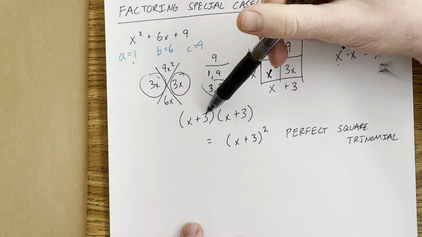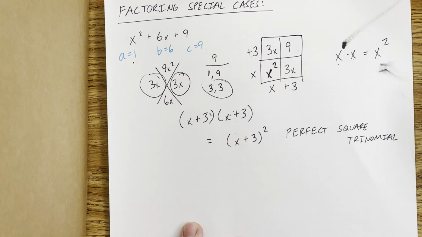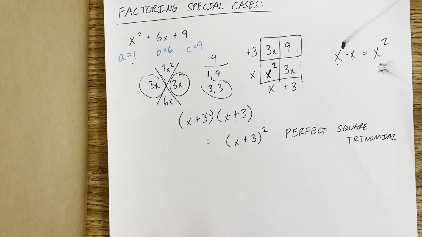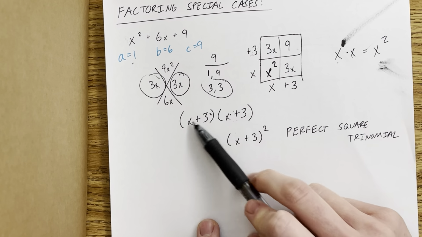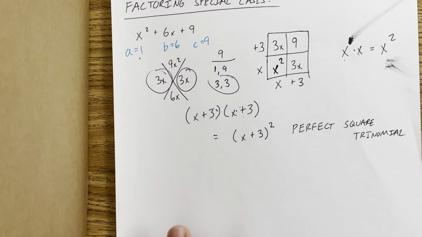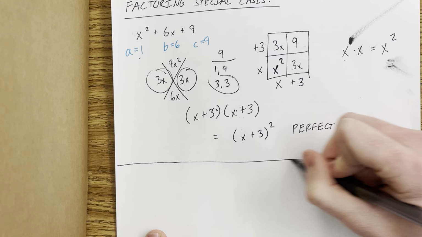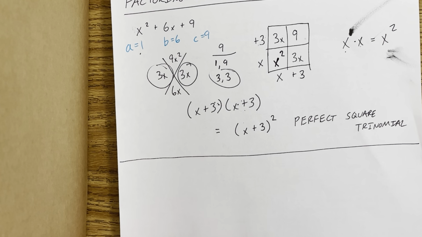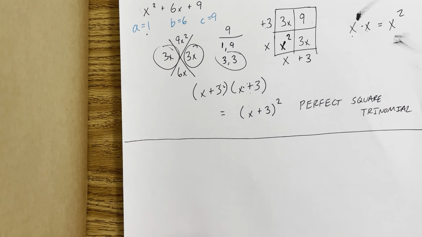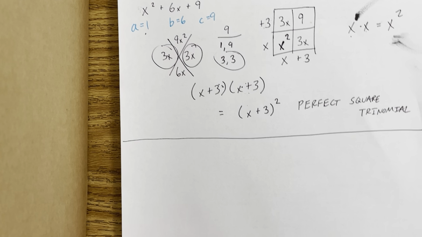But know that when you end with two of the same exact binomials, you can combine them to be squared. So that's what a perfect square trinomial looks like. And we'll use that a lot in chapter 5, actually, with completing the square, is what we call it.